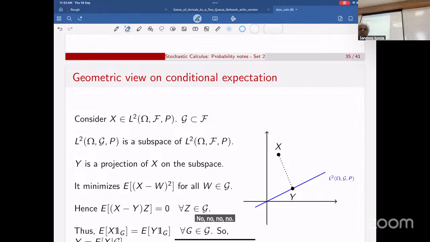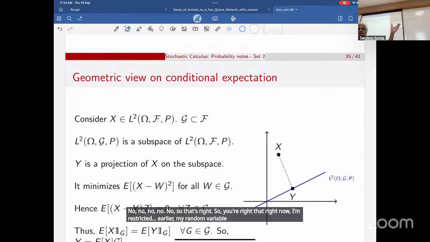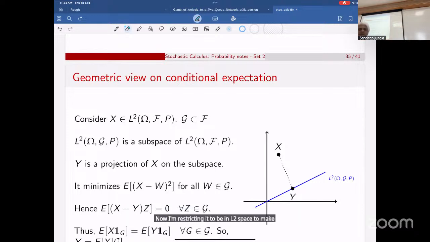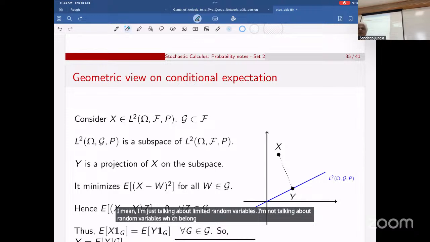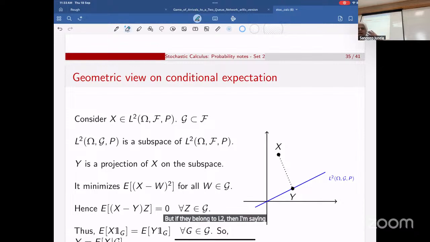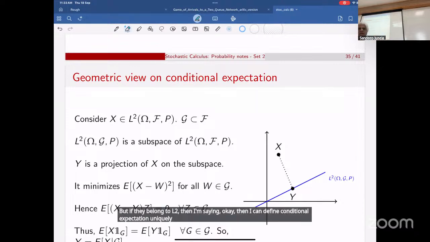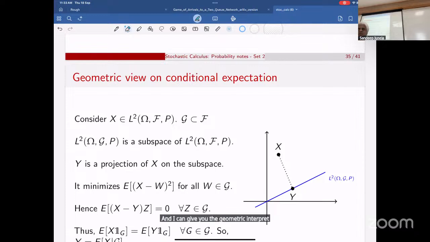Earlier my random variable X only had to be in L1; now I'm restricting it to be in L2 to make this argument. I'm just talking about random variables with finite second moment, not random variables which belong to L1 but not L2. If they belong to L2, then I can define conditional expectation uniquely and give it a geometric interpretation. That's where I'm going with this.